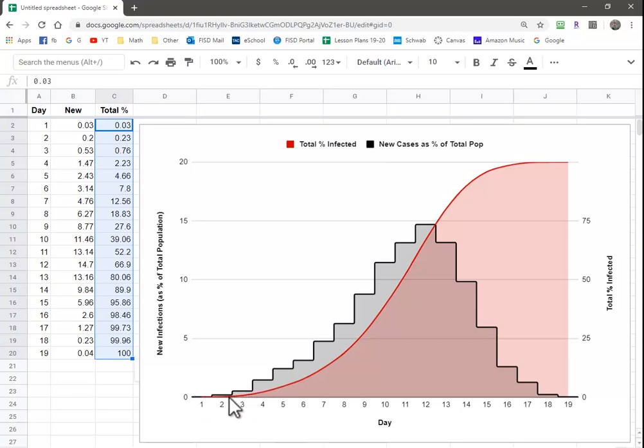The total percentage of infected people is growing exponentially, but then once we reach this right here, the 50% infected mark, we're still increasing very rapidly, but the rate at which we're increasing starts to drop off and becomes slower and slower growth until finally we reach 100%.